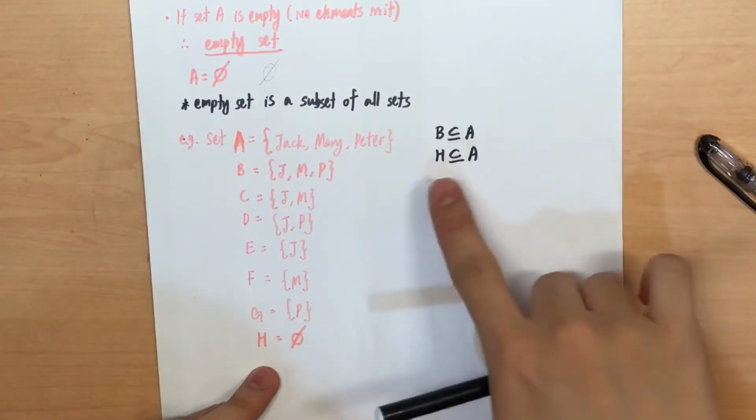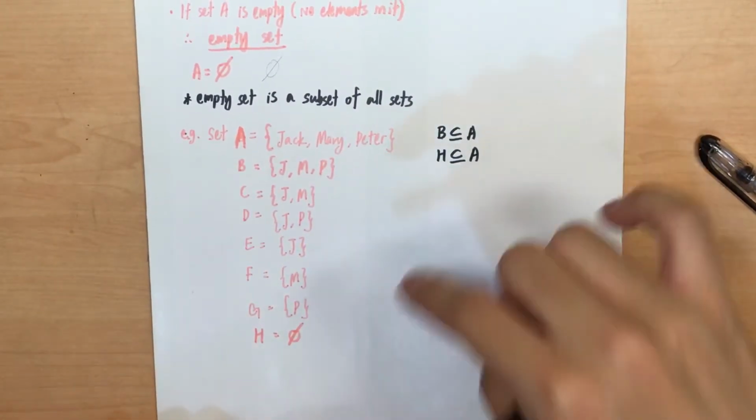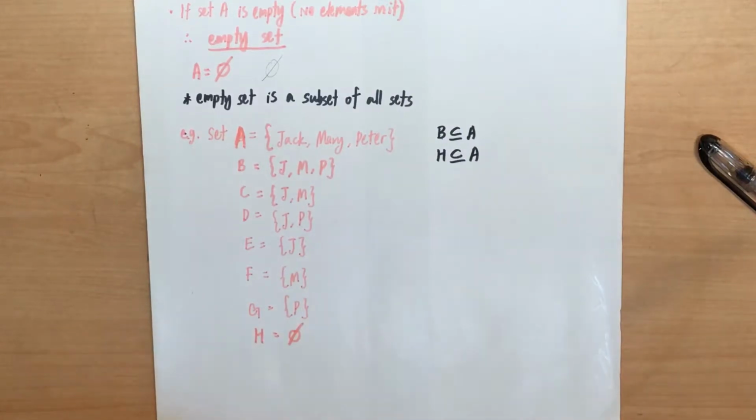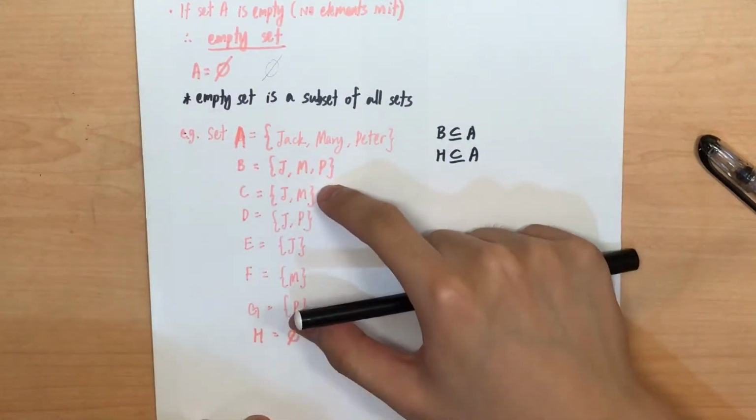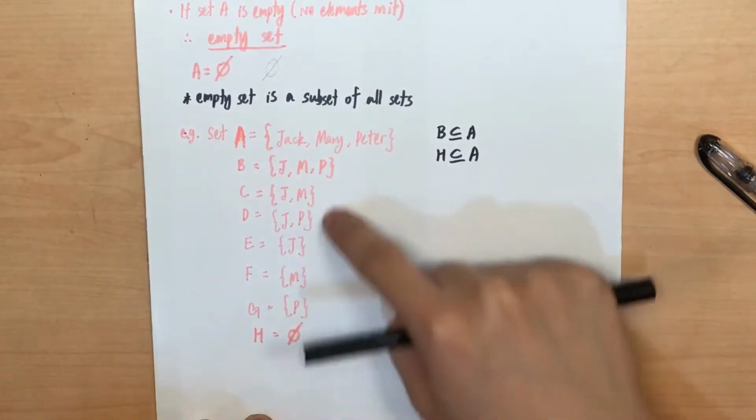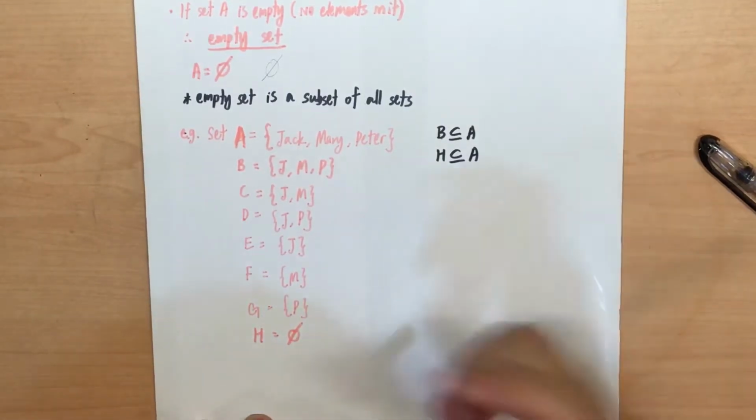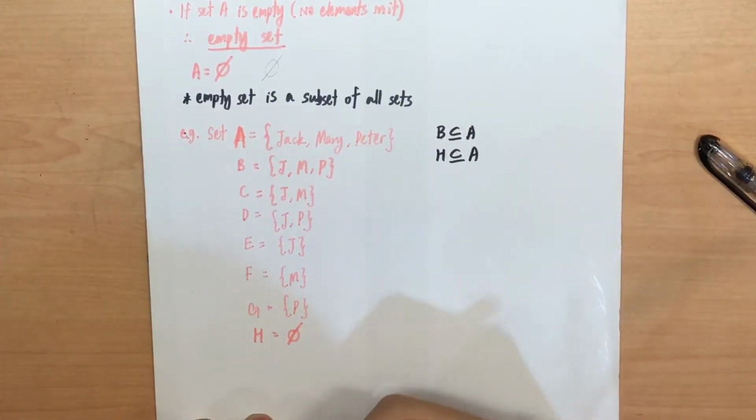Whatever it is, it is always a subset of all sets. However, sets C to G are considered proper subsets of A. It's called a proper subset.